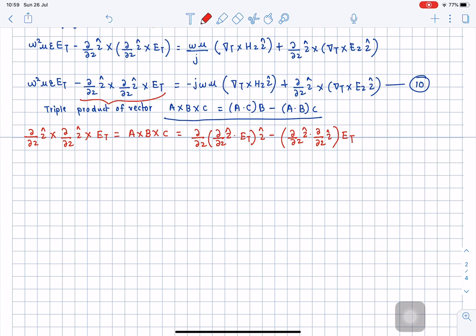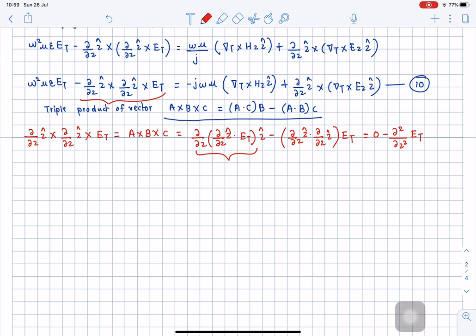Now we already know that the first term here is going to be 0, because dabba by dabba z of z cap dot z cap is going to be 0. So the first term becomes 0, and when you take the remaining term you will get dabba square by dabba z square of E of t.